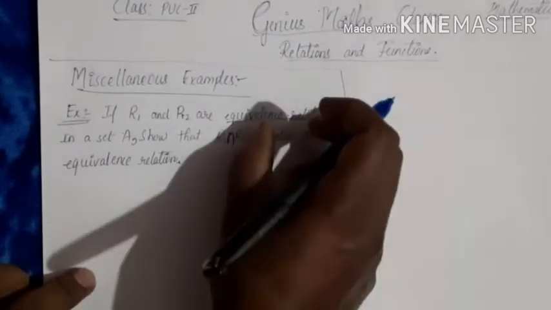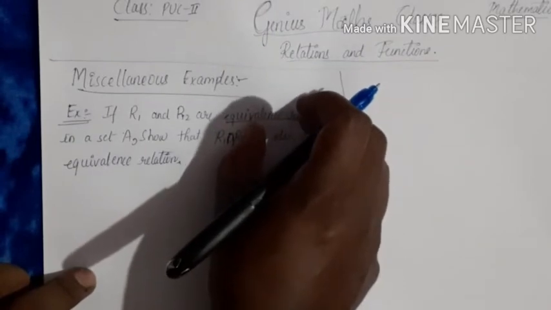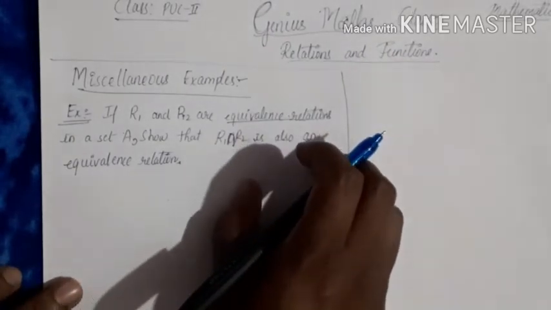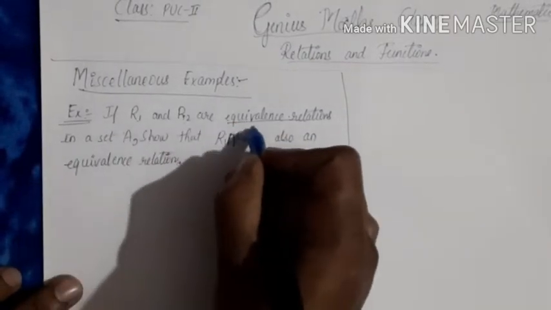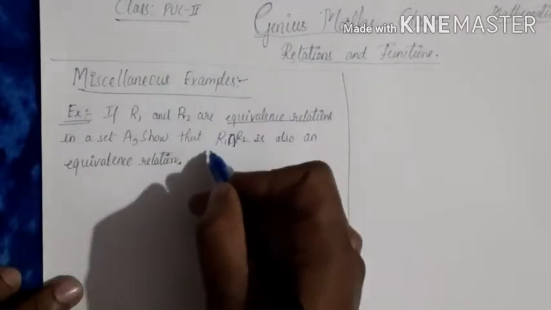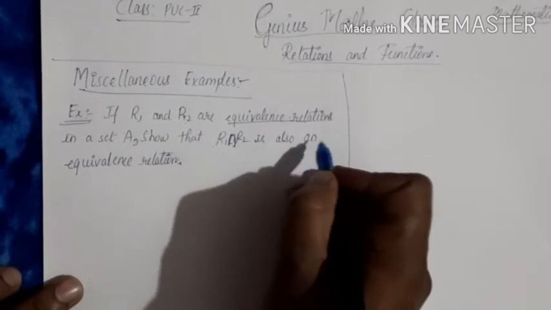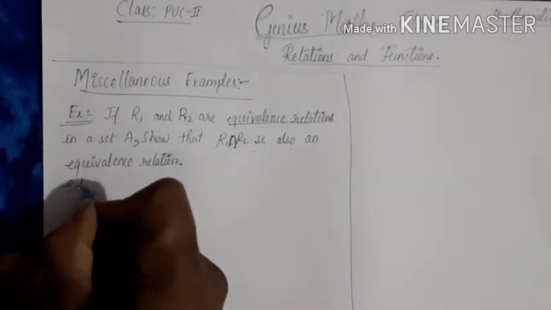Okay, so this relation satisfies reflexive property, symmetric property, and transitive property. Here both R1 and R2 are satisfying the equivalence relation properties. Then we have to show that R1 intersection R2 is also an equivalence relation. So let me solve this example.